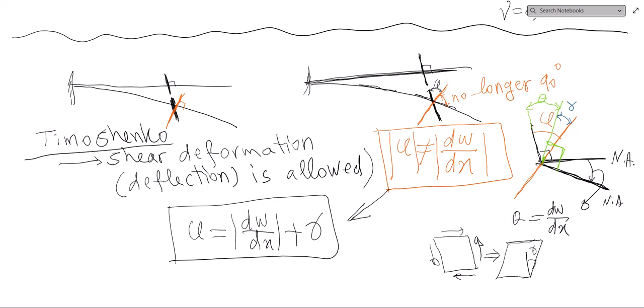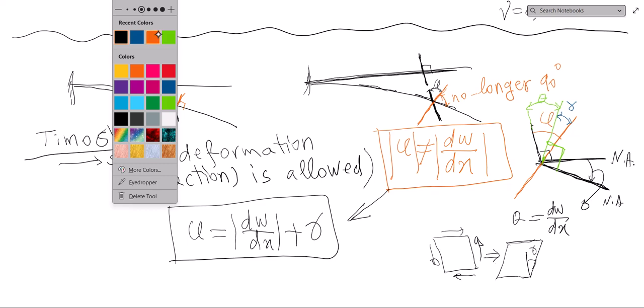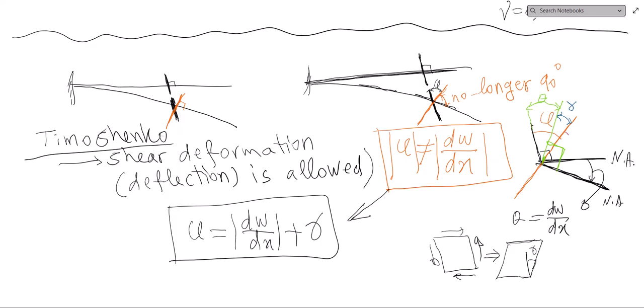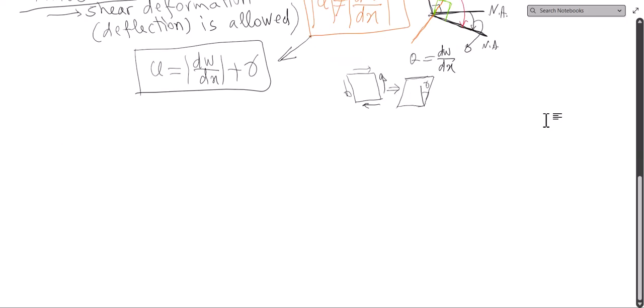Okay, and just for the sake of completeness, if this is perpendicular, therefore this angle is not 90 degrees, right?